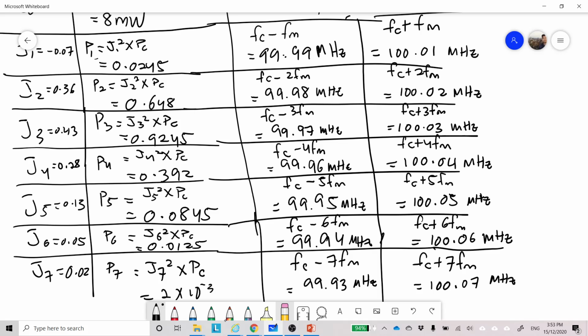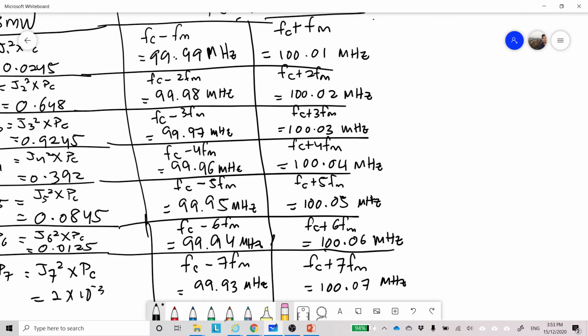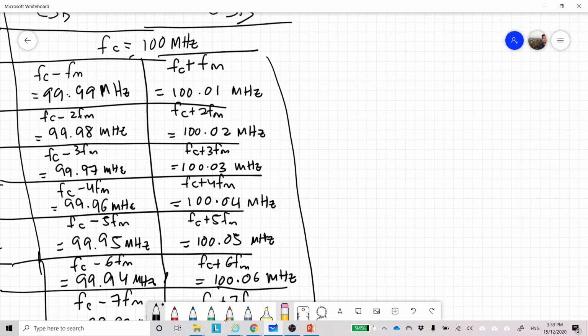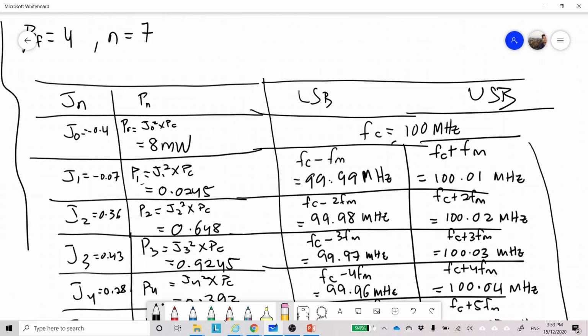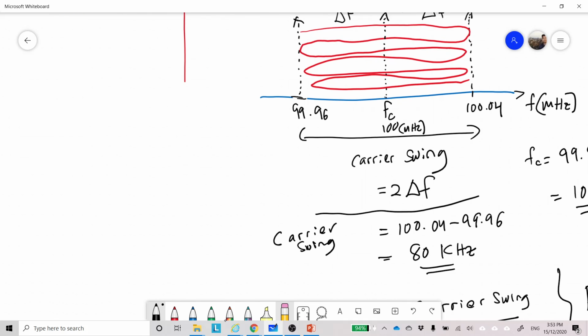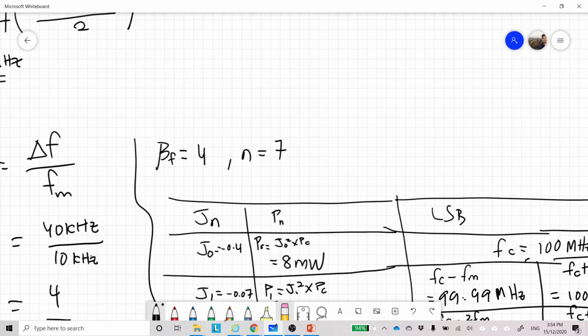So you kena plotkan dia punya power spectrum because the question asks about power spectrum. So the power spectrum baru you lukis dia punya ni. Sekejap.